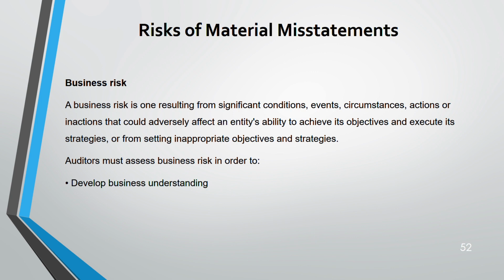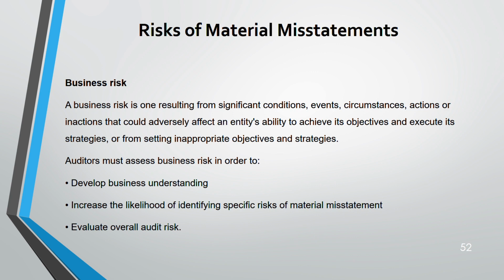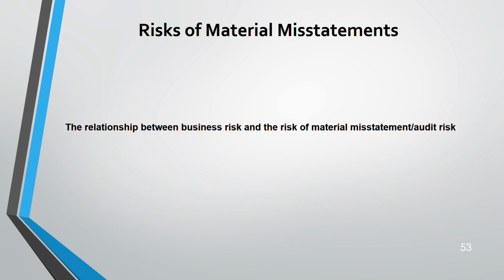Why? Number one, this helps to develop business understanding. Second, it increases the likelihood of identifying specific risks of material misstatement. If you assess the business risk, you will be able to understand the risk of material misstatement also. Why? Some business risks can have an impact on your financial statements, and hence material misstatement will take place. It helps to evaluate the overall audit risk. We'll see now how.